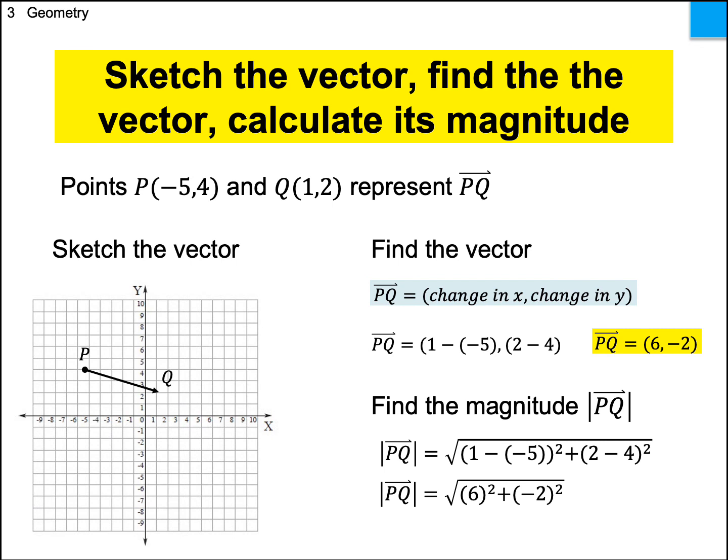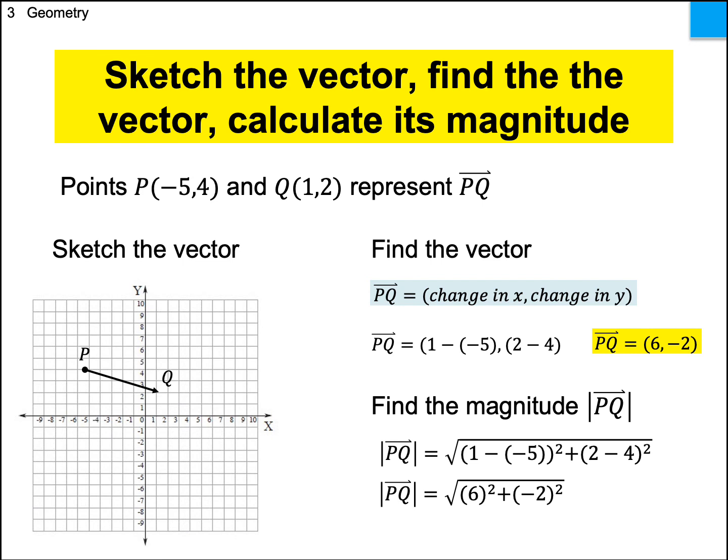We've already done that calculation, notice. So the distance formula isn't hidden inside the previous one, finding the vector, but it's the same values that we're going to use. So if you find the vector first, then to find its magnitude, you just take the two values, square them, add, and take the square root. Take a look at those numbers, 6, negative 2. What's the magnitude of vector PQ?